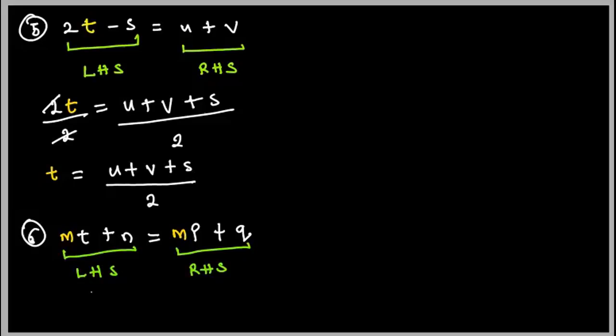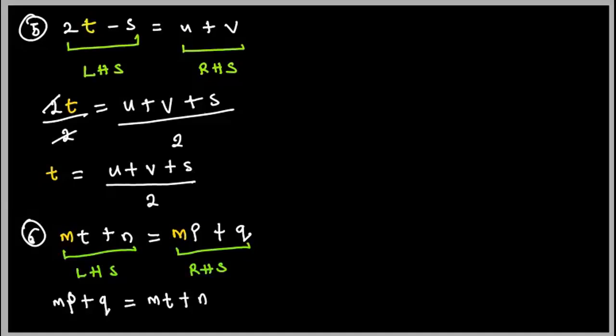Because you can't rearrange here, because rearranging here, you still have m on both sides. This is what I mean. If I choose to rearrange, I'll put all the right hand side to the left, and I'll have mp plus q equals to, then the left hand side I'll put in the right, and I'll have mt plus n.